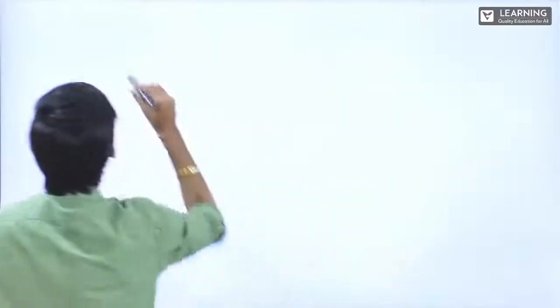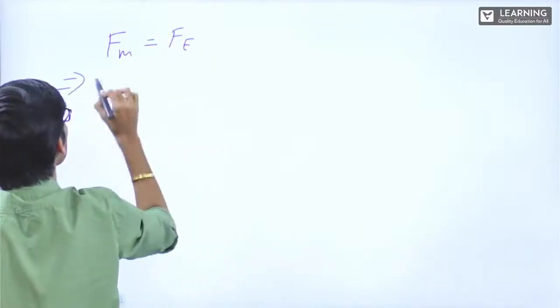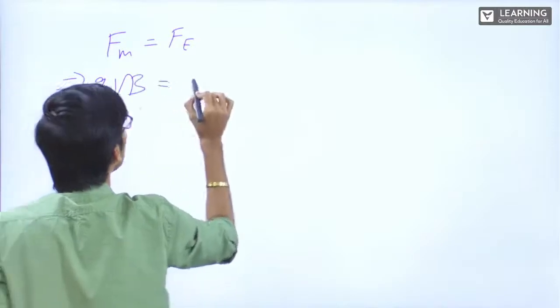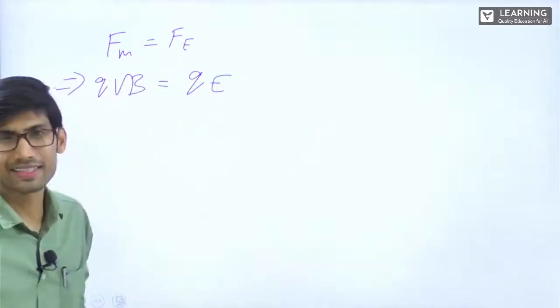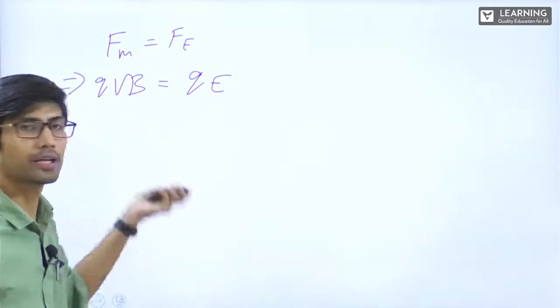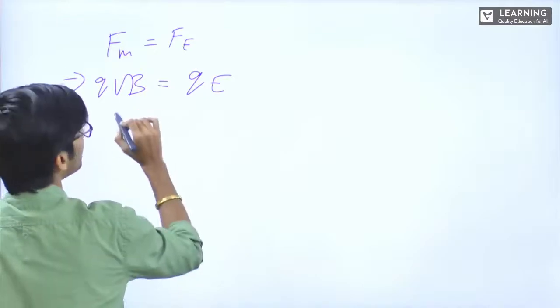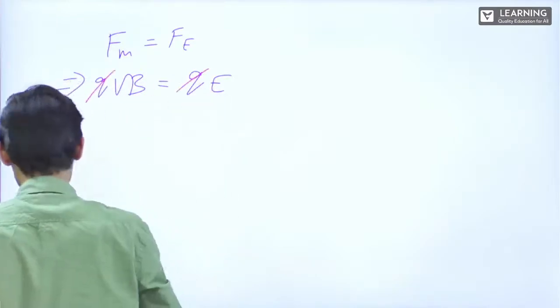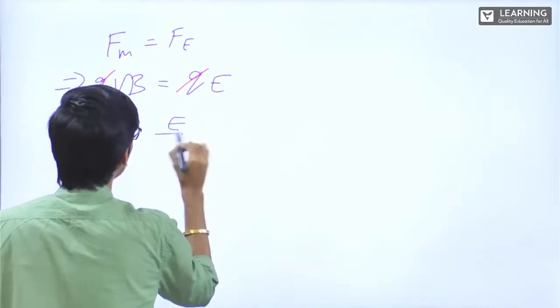See, if Fm is equal to Fe, what does this mean? QVB is equal to QE. QVB sin theta, theta is 90 degrees because perpendicular, QVB is equal to QE. So Q and Q will be cancelled. What we got is V equal to E by B.